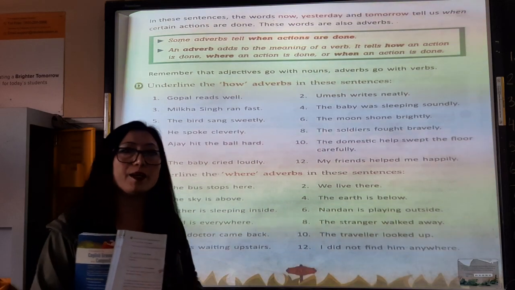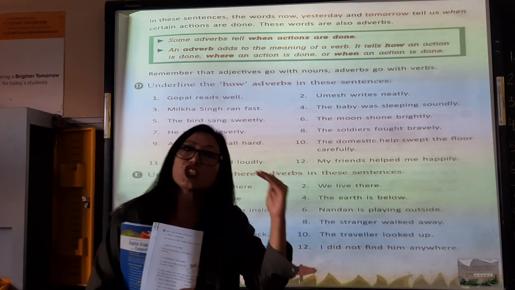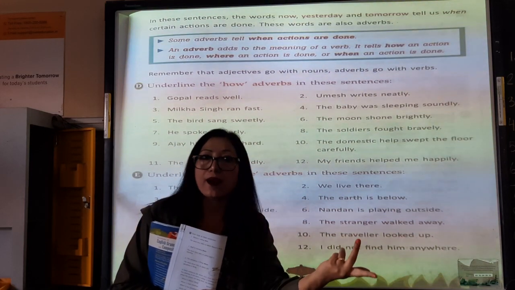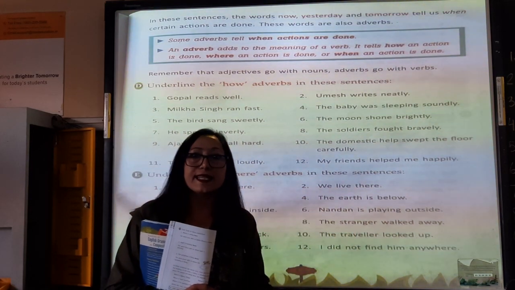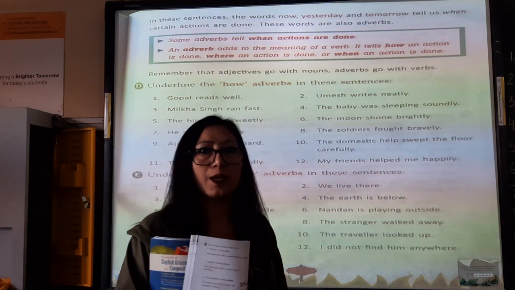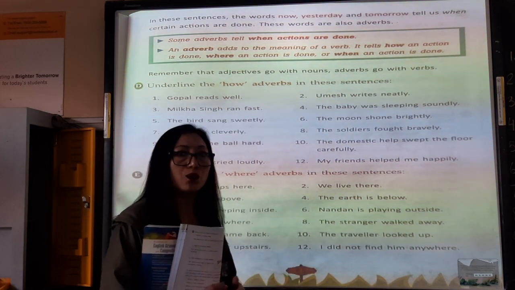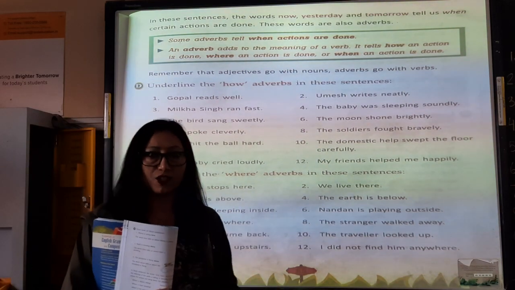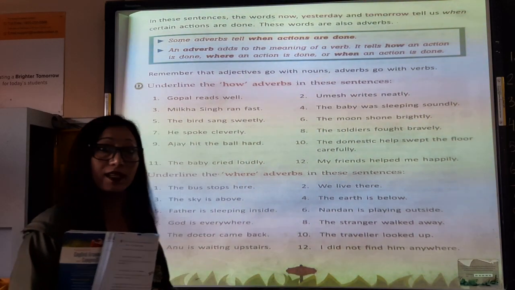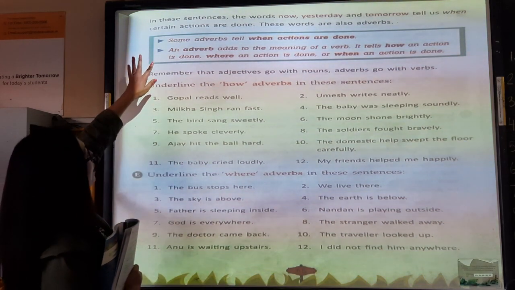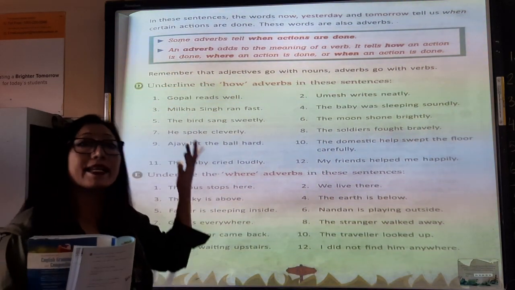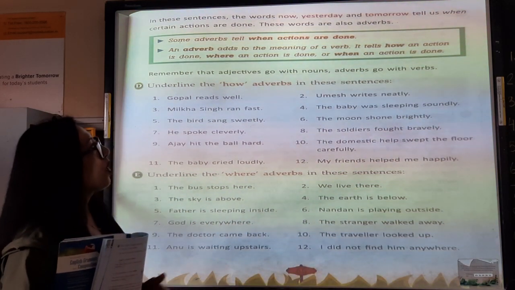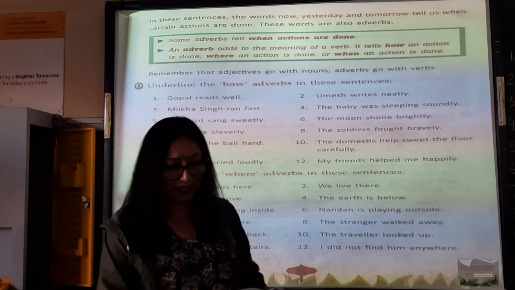So, what is an adverb? An adverb is a word which adds to the meaning of the verb. Is sitting where? There. Is standing where? Here. When? Now. Okay? So, how? Loudly, gently, fast, suddenly. So, it tells us how an action is done, where an action is done, or when an action is done.